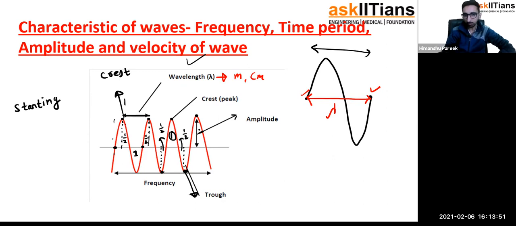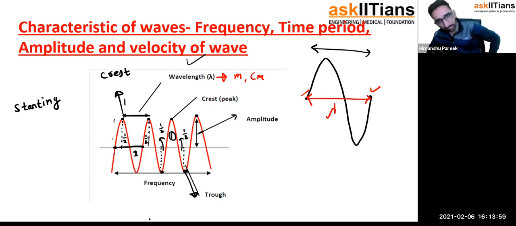So actually, we cannot say that only this is the wavelength here. No, you can take any two crests or any two troughs. So distance between any two crests or any two troughs is also known as the wavelength. Consecutive ones we have to take.